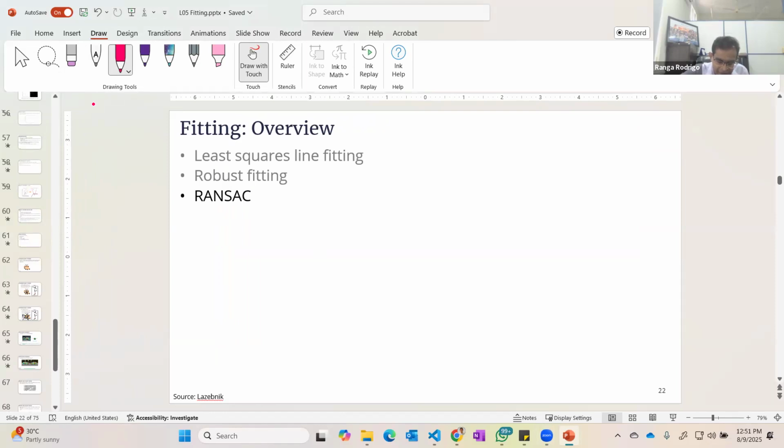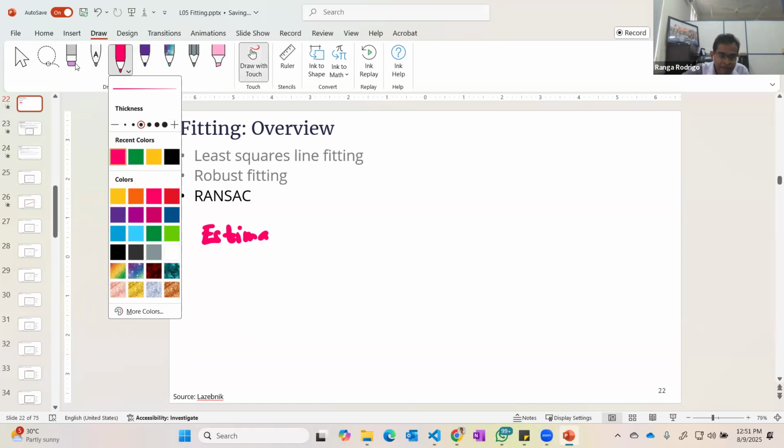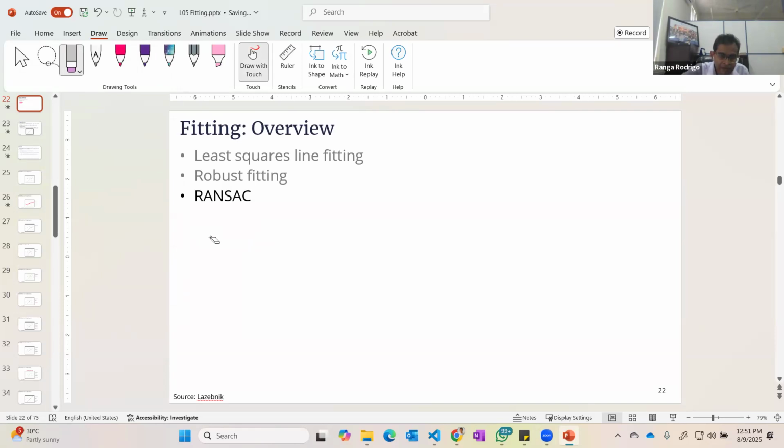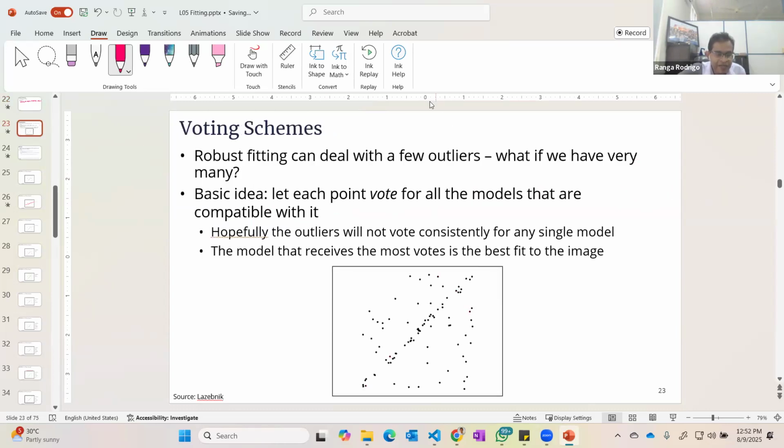Assume the problem: we want to estimate the height of a student by asking a question.